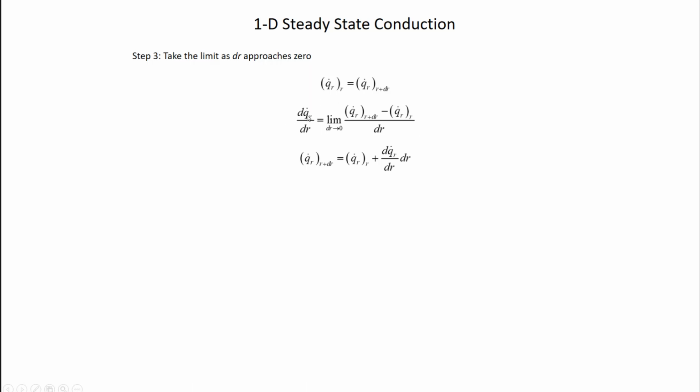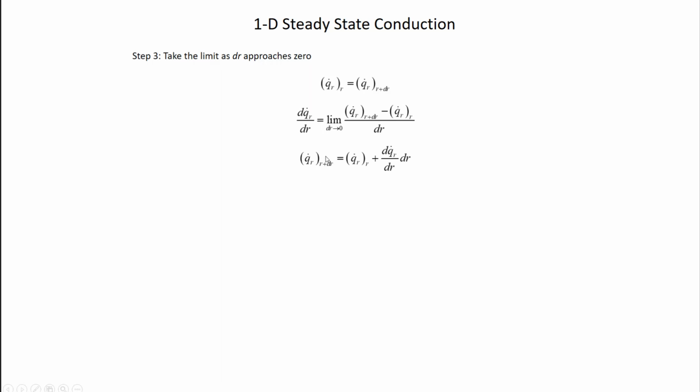The definition of a derivative, dq dot in the radial direction dr, is the limit as dr goes to 0 of q dot in the radial direction at r plus dr minus q dot in the radial direction at r, divided by dr, right? So if I'm taking the limit as dr goes to 0, this equation right here, which should be familiar to you from calculus, should tell you then that q dot at r plus dr is equal to q dot at r plus dq dot dr times dr, right? So that's this equation right here.